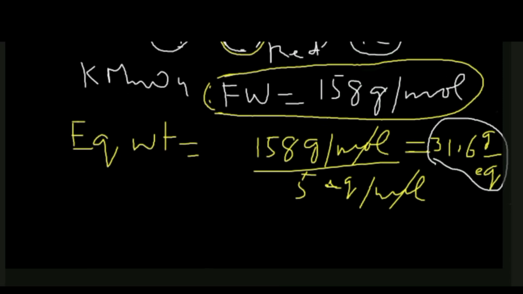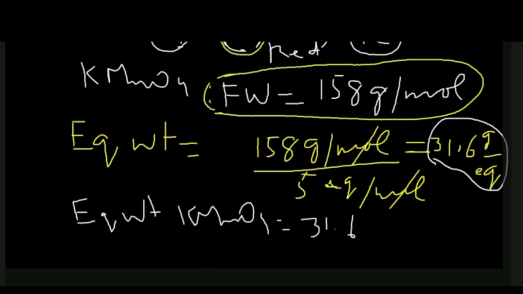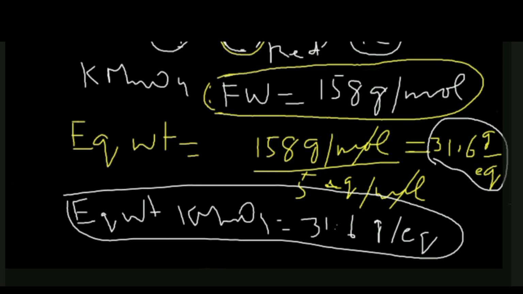So now we can write that the equivalent weight of KMnO4 will be equal to 31.6 gram per equivalent. So this is the equivalent weight of potassium permanganate.